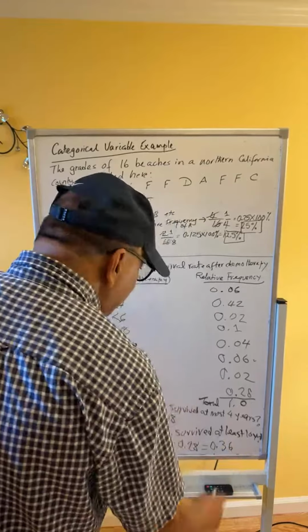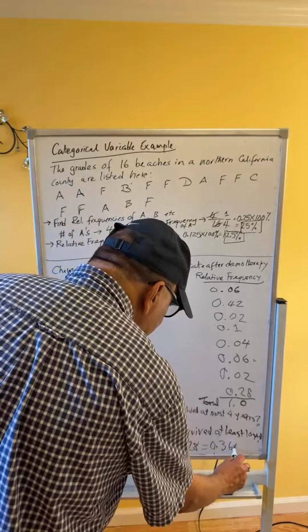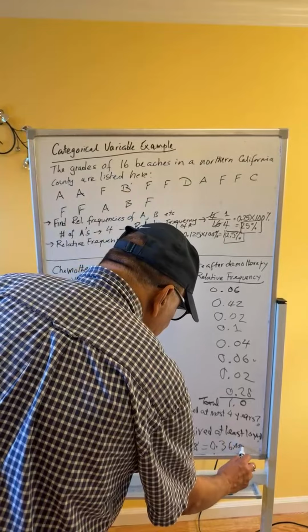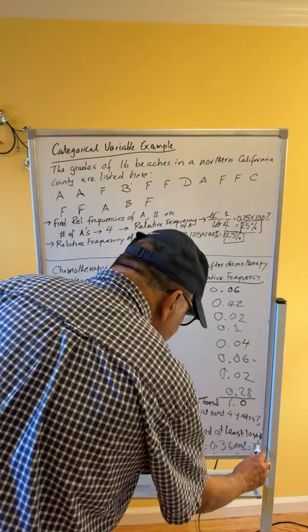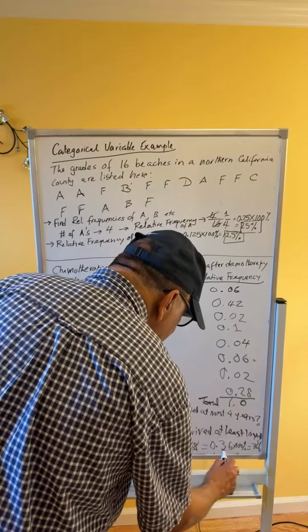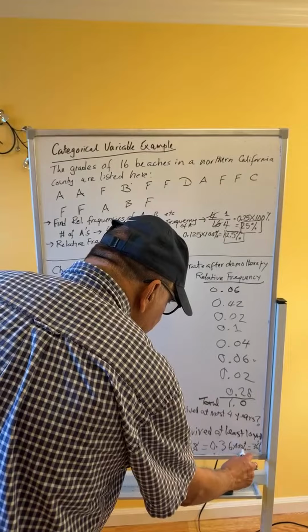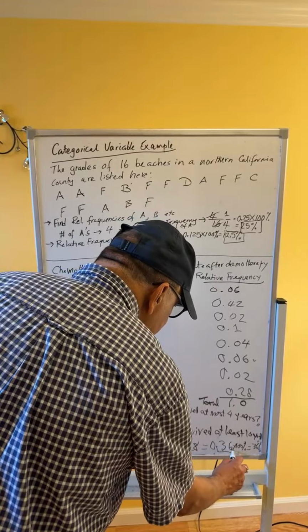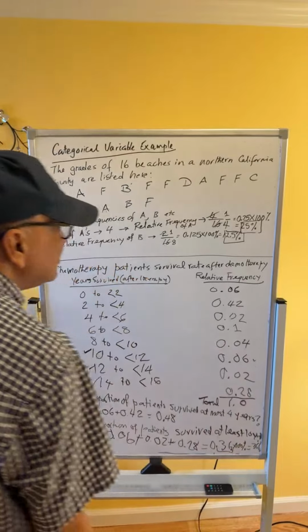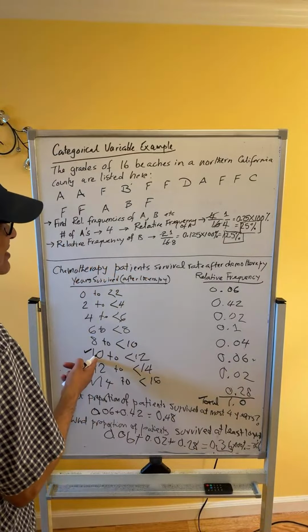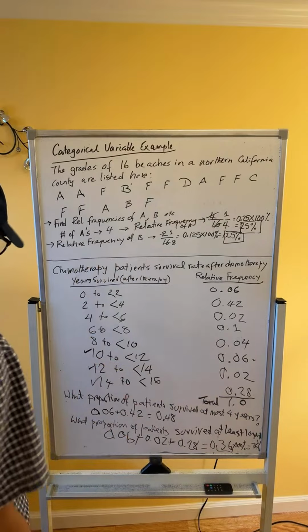Or if you multiply this by 100%, it is 36%. Remember the rule, you multiply by 100, the decimal shifts 2 places to the right, so it is 36%, or 36% of the patients will survive at least 10 years and above.